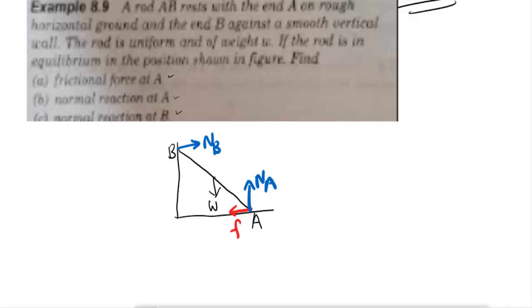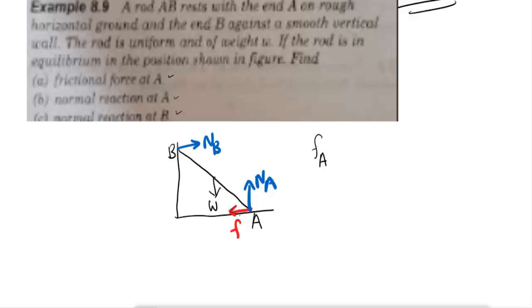Okay, first we are going to find out the frictional force. Frictional force is acting in this direction. To oppose that force, the frictional force at A is acting towards the left side. So are there any forces acting towards the left side or right side? Yes, on the right side NB is acting.